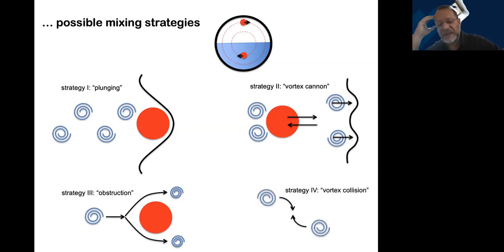And then the other one is if I'm really good at creating these vortices by the vortex cannon strategy or by the wake of the stirrer plunging through the interface, I can actually manage to have them collide into themselves, create more shear, and distort whatever passive scalar is in their neighborhood. So these are more or less the 4 strategies. There's also another one that is wall collision, but it's sort of a sub-strategy of number 4.